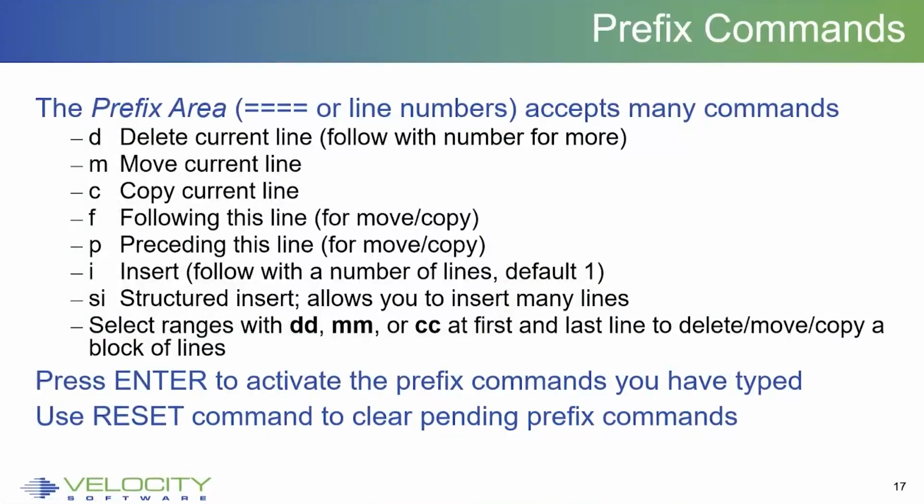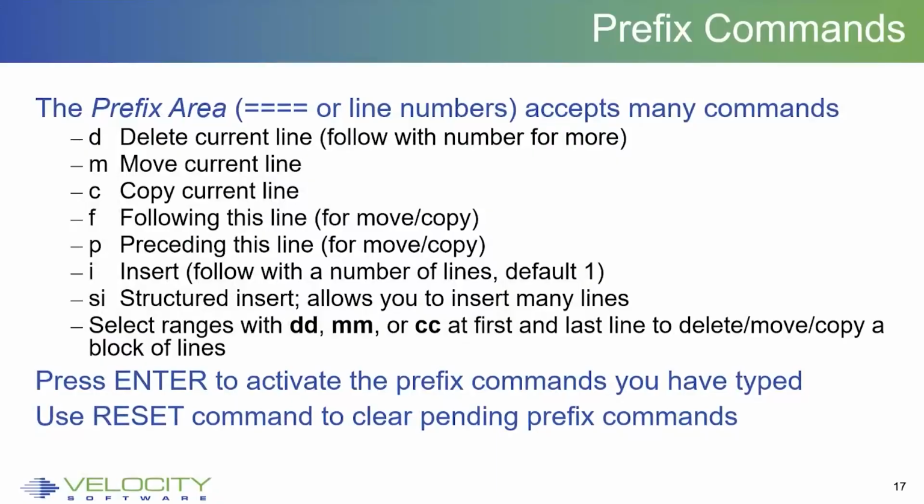You can select ranges using the prefix commands: dd for deleting a block, starting with the first row and last row that you want to either delete, mm to move, or cc to copy. So that defines a block of lines.